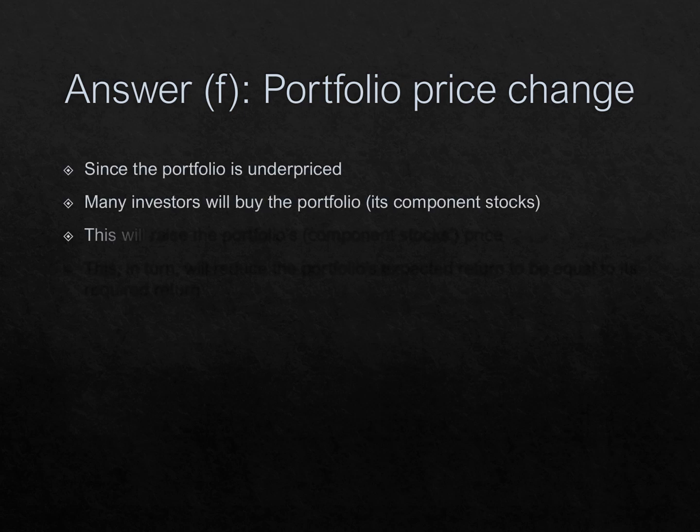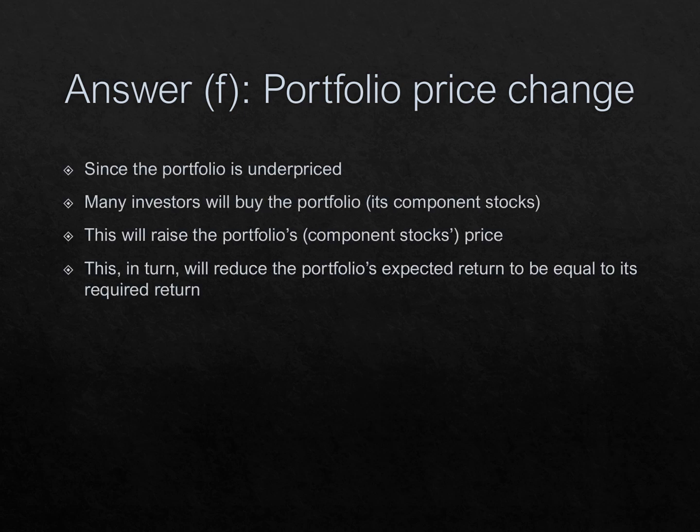Since the portfolio is underpriced, many investors will buy the portfolio or its component stocks. This will raise the portfolio's price, also the component stocks' price. When this happens, this will reduce the portfolio's expected return. Higher the price, lower the expected return.